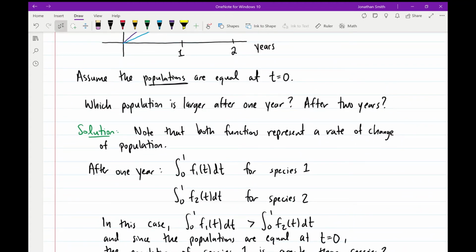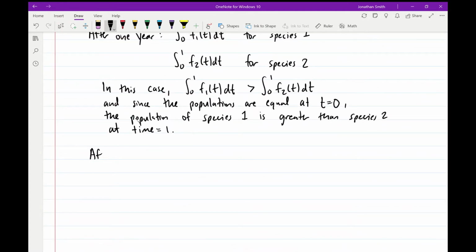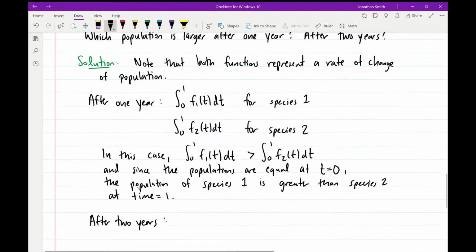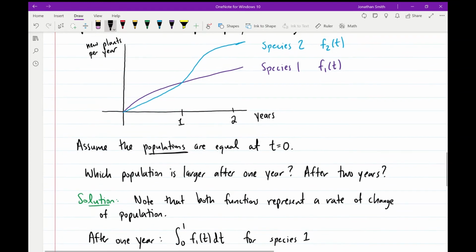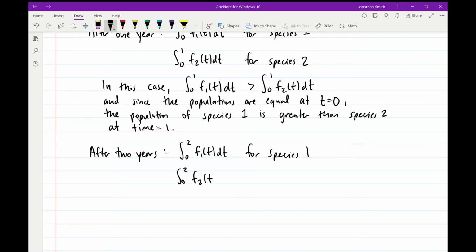Okay, and for the second question, we asked the same thing, but this time we're looking at 2 years. So which population is going to be bigger after 2 years? Again, the interpretation is just going to be the area under the curve for species 1 and for species 2. So we're looking at the integral from 0 to 2 this time of species 1, and again the integral from 0 to 2 for species 2.